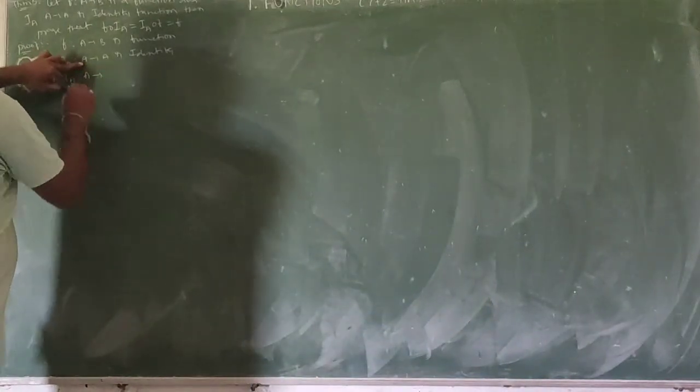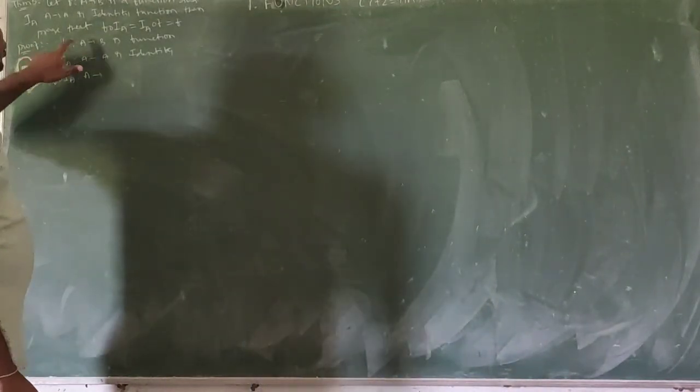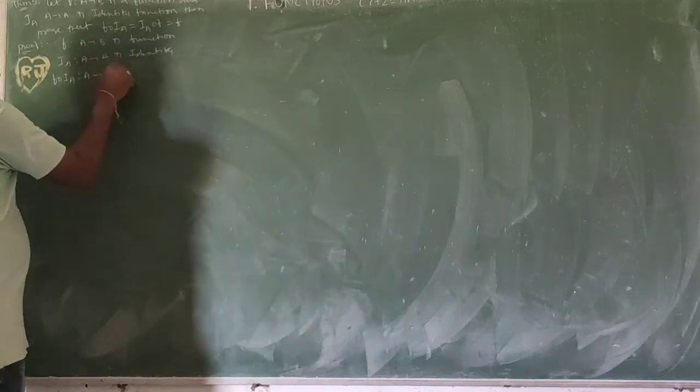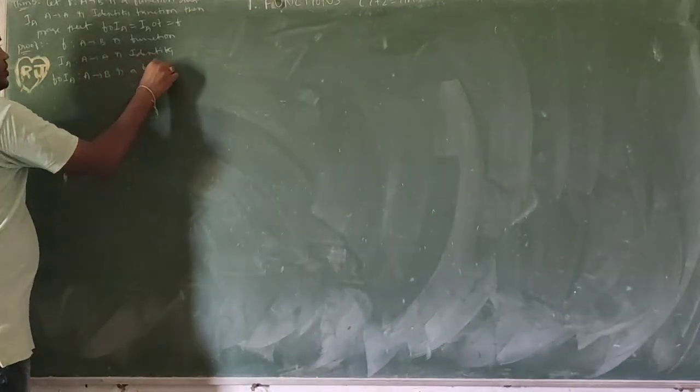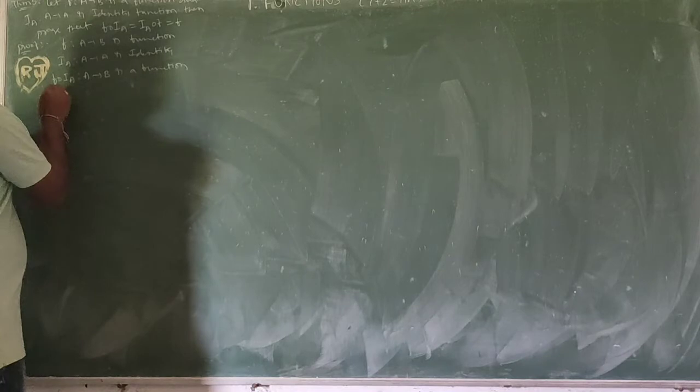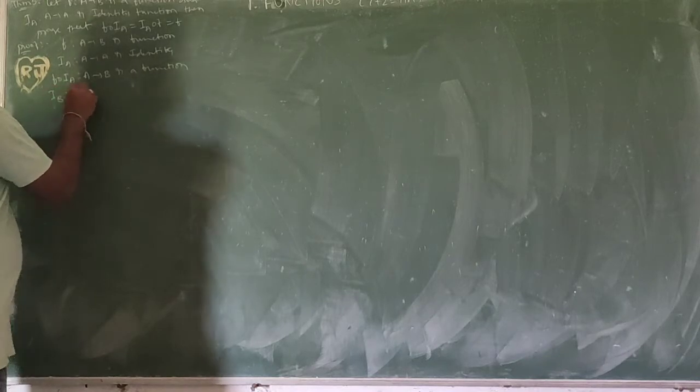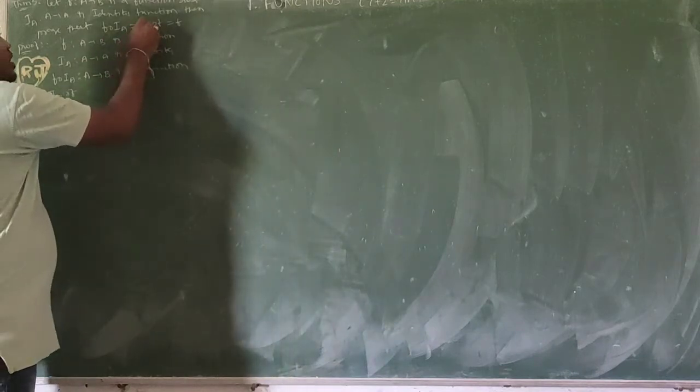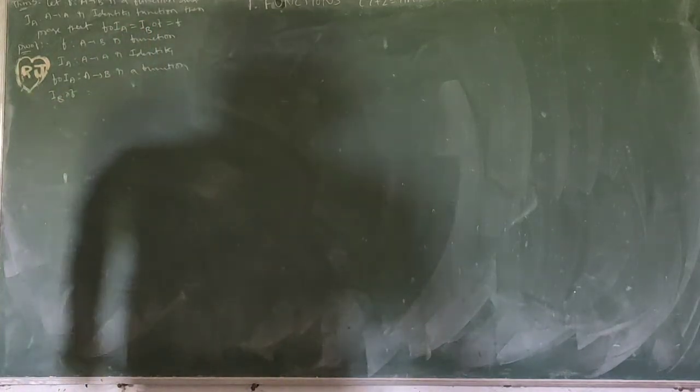So this is f, this is IA. Second domain, first codomain. Second, IA domain A. So first f codomain B is a function. Next, IB circle f. f circle IA equal to, actually this is IB circle f equal to f.